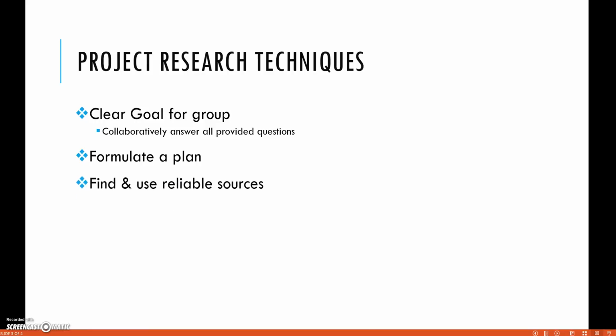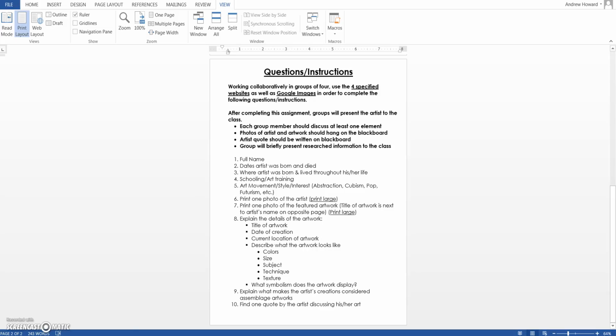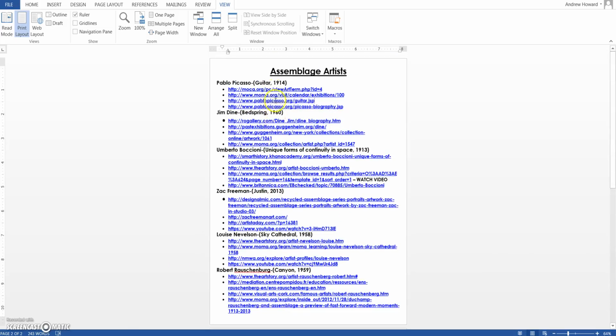Next research tip is to find reliable resources. I provided your group with several initial resources. You are going to be using these. You can see that the resources that I gave to you are from MoMA. This is an example over here. MoMA is the Museum of Modern Art.